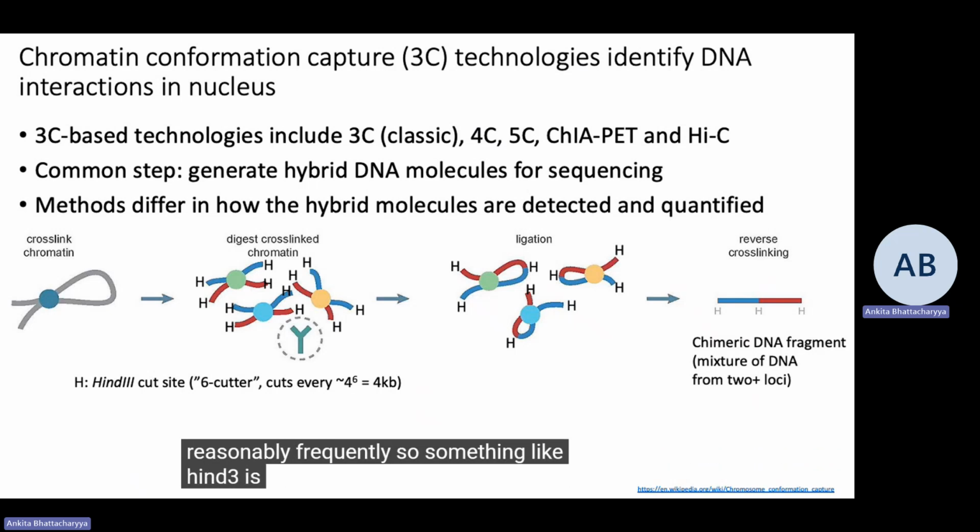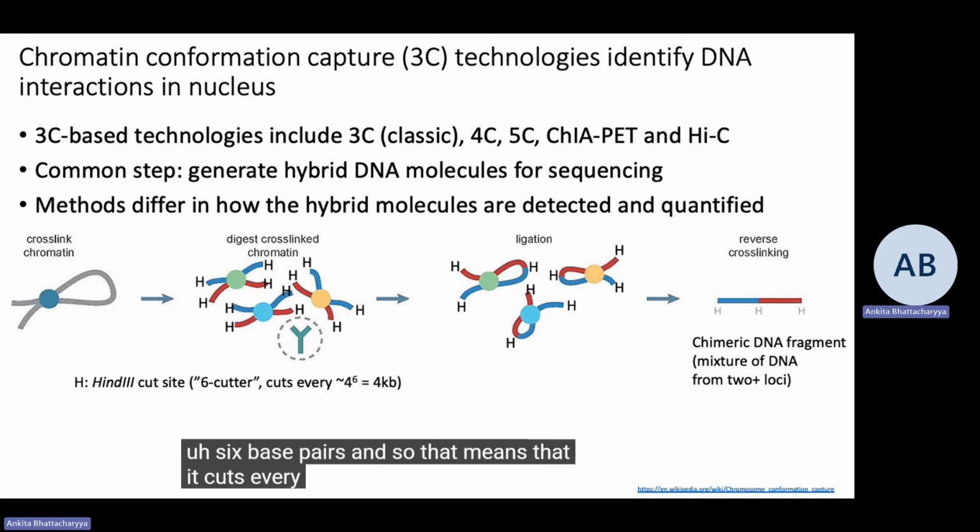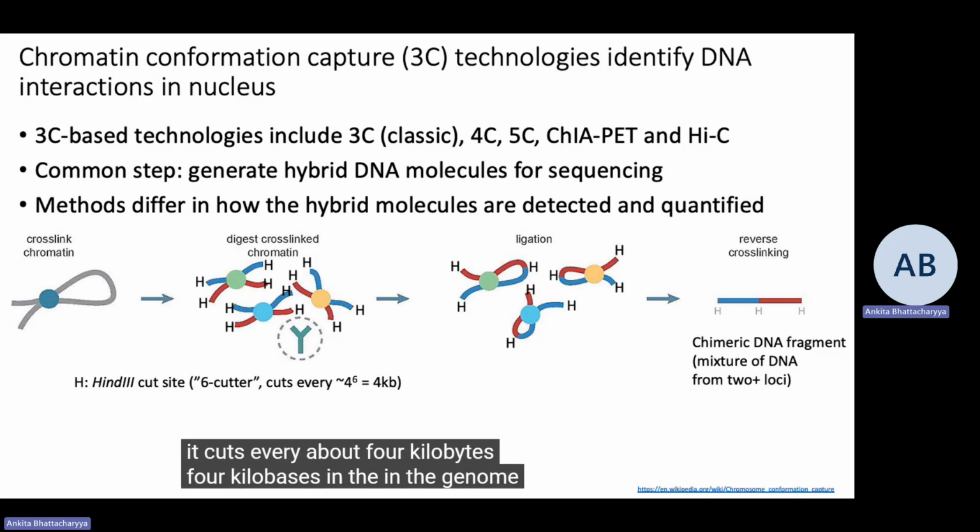Something like HindIII is a classic restriction enzyme used for 3C technologies, because it's what you call a 6 cutter. So its recognition sequence is 6 base pairs, and that means that it cuts about every 4 kilobases in the genome.